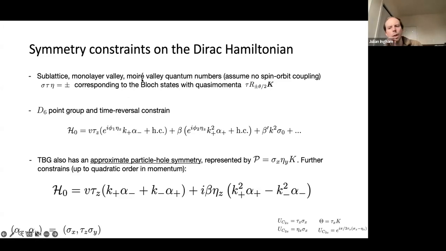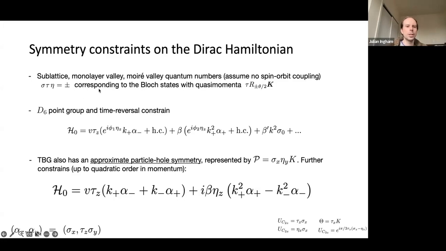And if we impose this symmetry as being exact, then the Hamiltonian becomes even more constrained, and we can actually fix these valley-dependent phases. And we get what we have at the bottom, plus cubic and higher order in momentum terms. So what we have here is just exactly what we have in graphene.